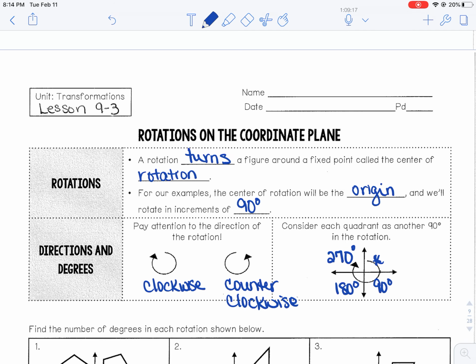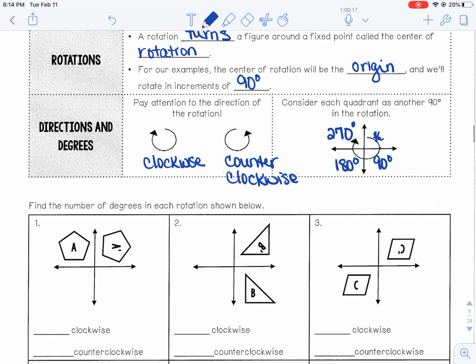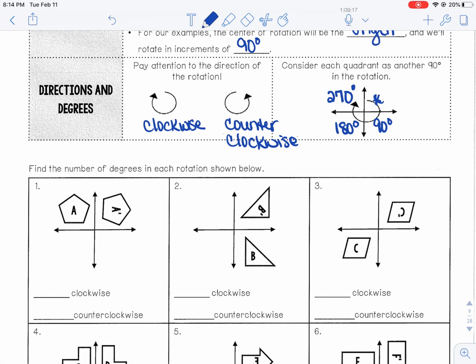Okay, so let's take a look at our figures that we have here. We have our pre-image A and we have our image A prime. So it looks like our figure is rotating this direction. That's clockwise. How many degrees would that be? Well, that's just one turn. So that's going to be 90 degrees clockwise.